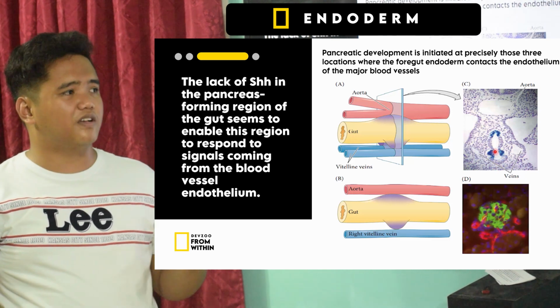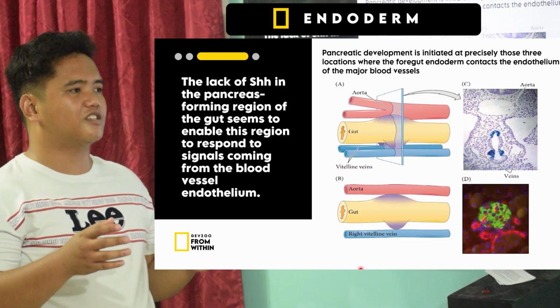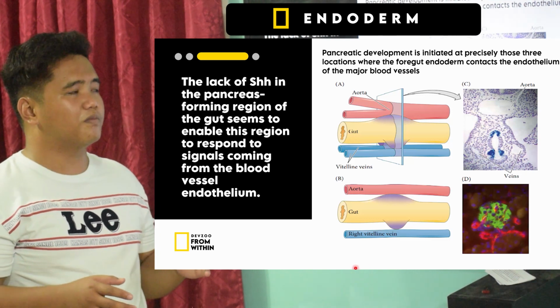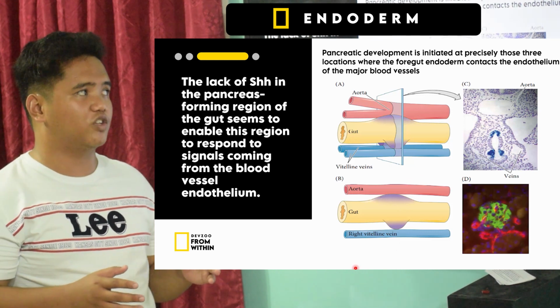So these blood vessels induce the PDX1 gene in the gut epithelium. This gene is especially important in the formation of the pancreas.